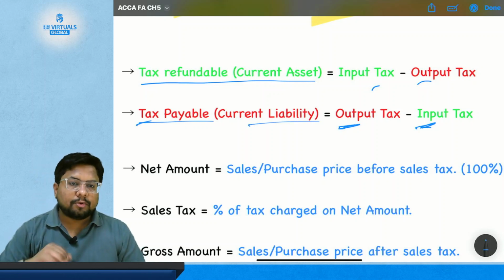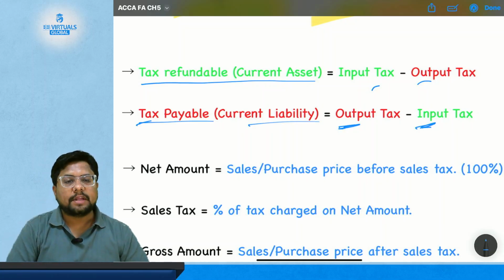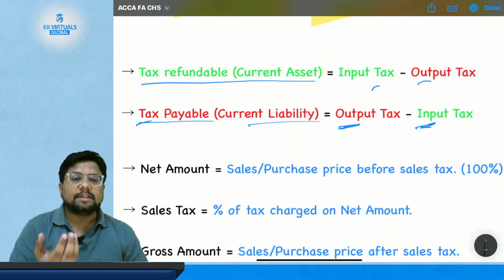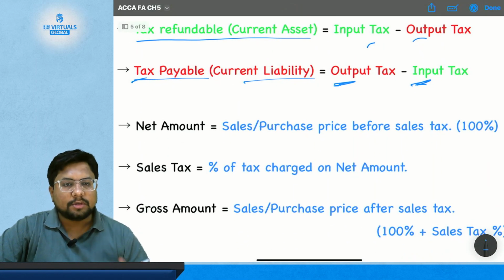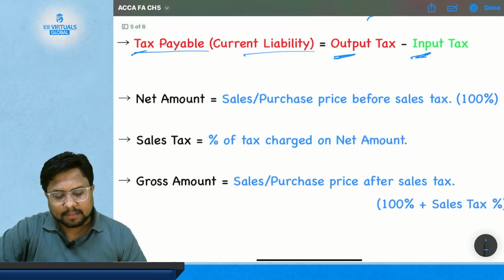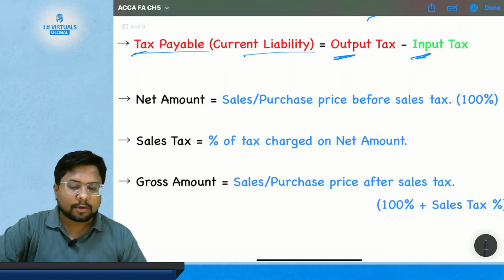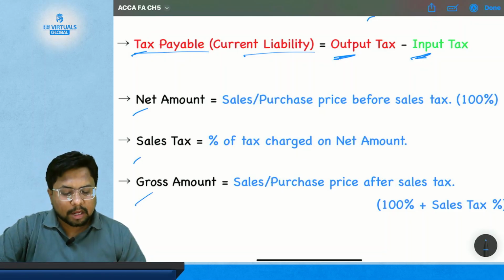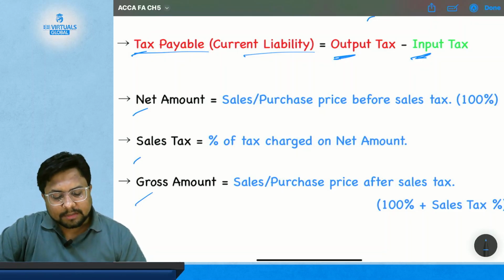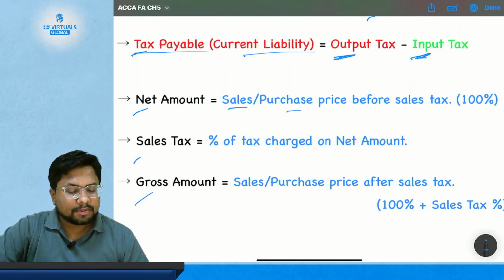Okay, so if input tax is more than the output tax, it becomes tax refund. If output tax is more than the input tax, it becomes tax payable, or tax liability. Now come three elements: net amount, sales tax, and gross amount. So what is net amount? The sale or purchase price before sales tax.